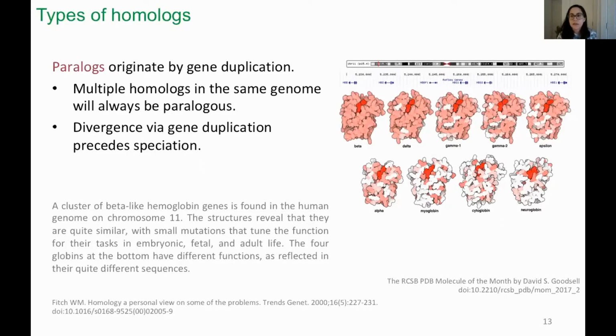And a very interesting characteristic of paralogs is that because they evolve by duplication, we can assume that there was an ancestral gene from which these two copies evolved. So when we look at paralogs, we can study things that happened before speciation.